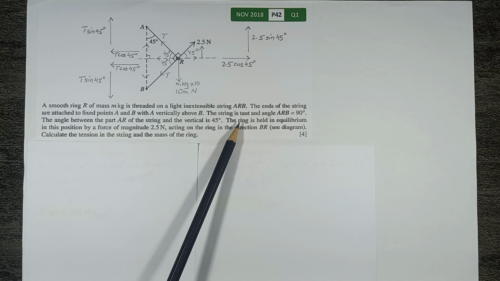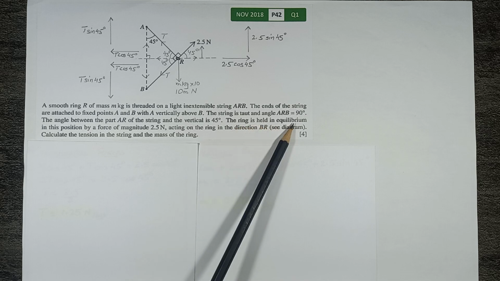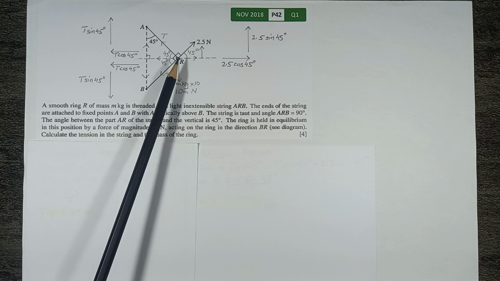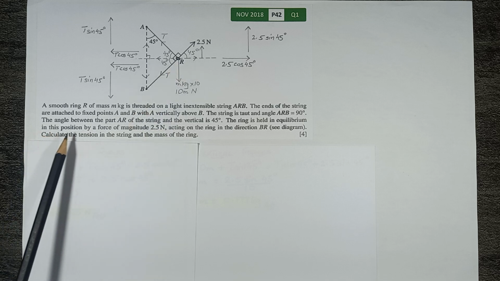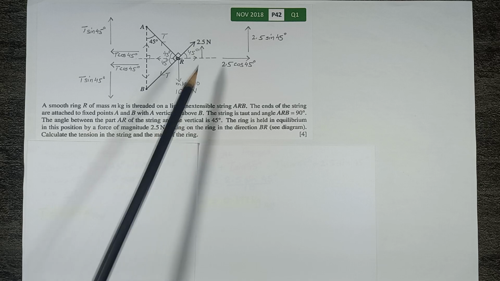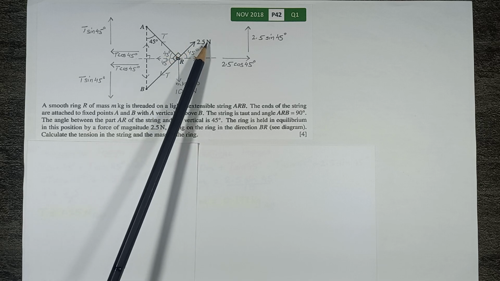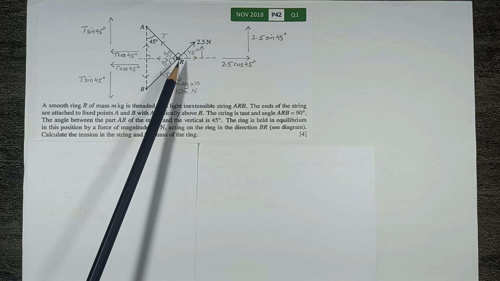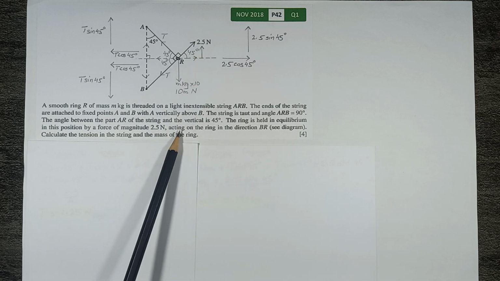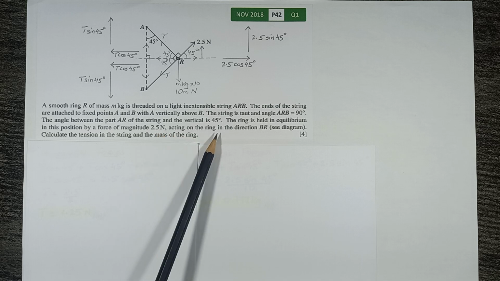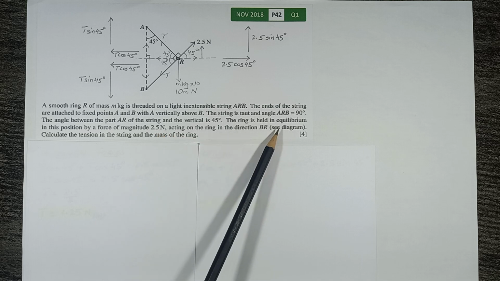According to the question, the ring is held in equilibrium, so the condition is very clear. In equilibrium, in this position, by a force of magnitude 2.5 Newton, and this force is being applied to the ring, acting on the ring in the direction of BR.